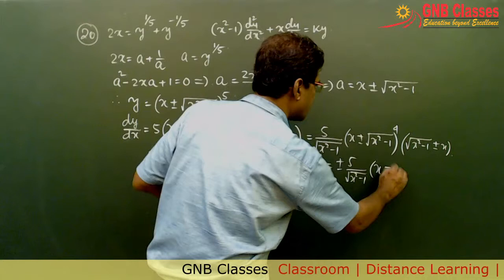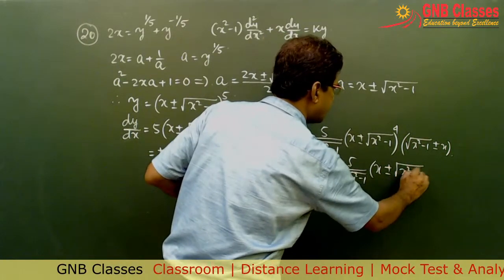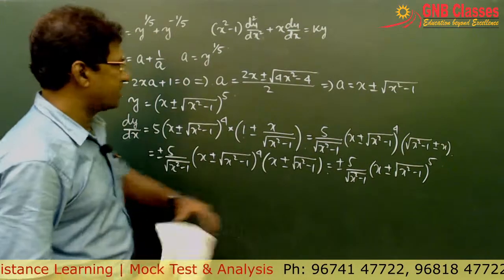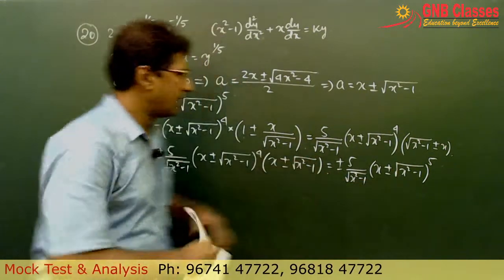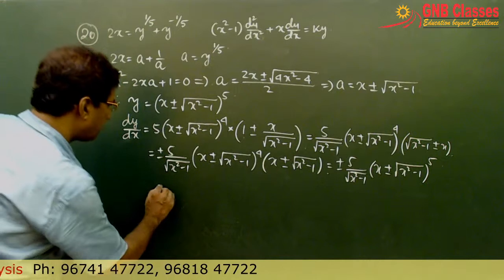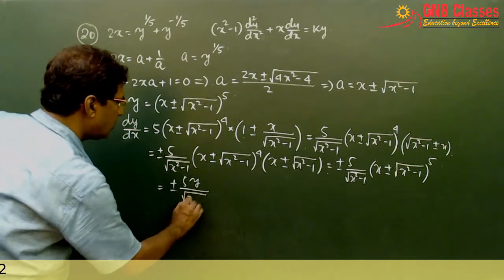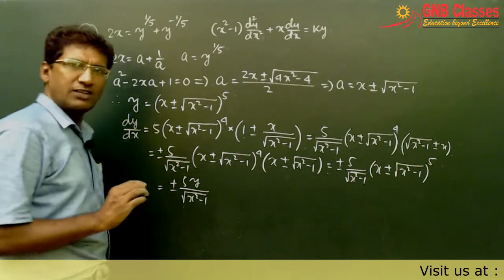This thing will be x plus minus under root x square minus 1 whole to the power 5, isn't it? So what is this? This is nothing but your y. So we can write in this way, 5y by under root x square minus 1. Is it clear to all of you?